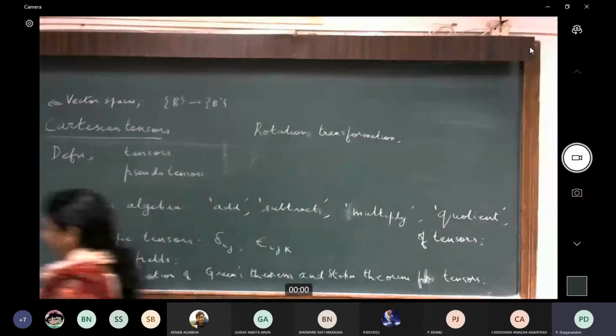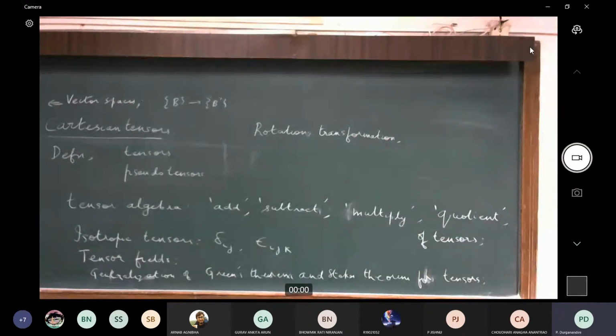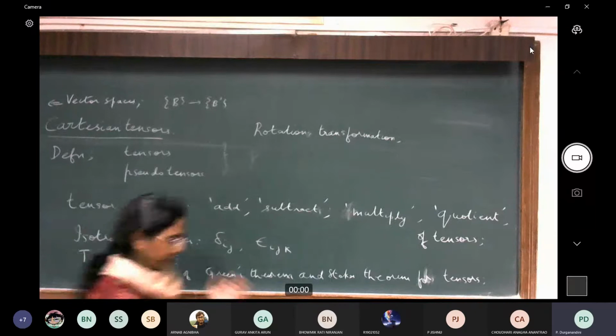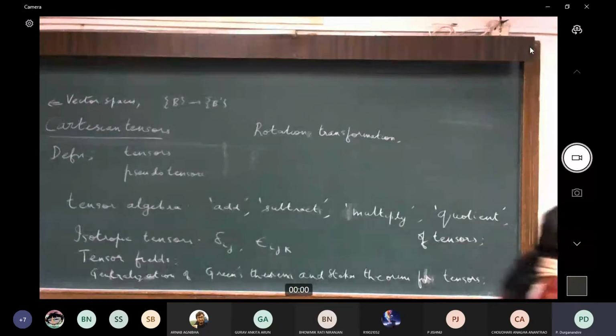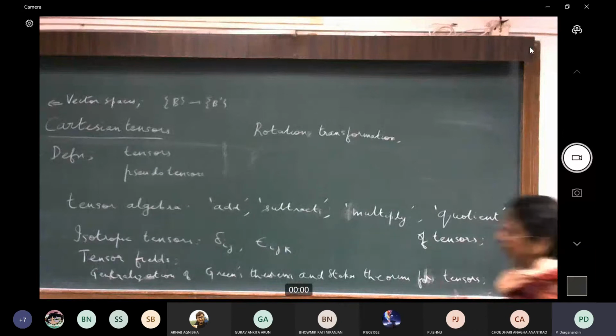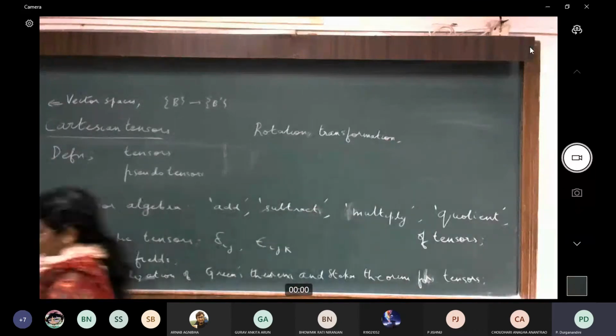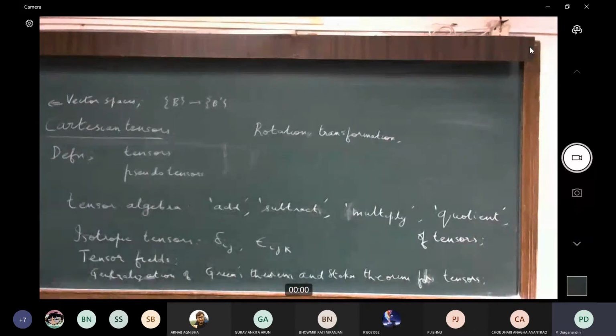But before I go to that, maybe today we should pause and do a few examples and see how tensor algebra and tensor calculus make certain things which we already know, in a different language, very compact. It provides a very compact notation as well as a compact way of looking at things, and further how we can use this in our physical applications. So I'll do a few problems today.